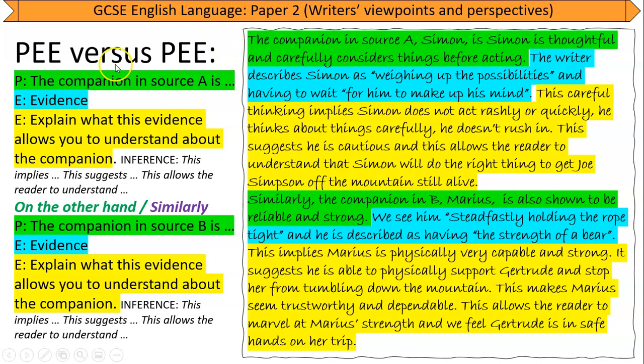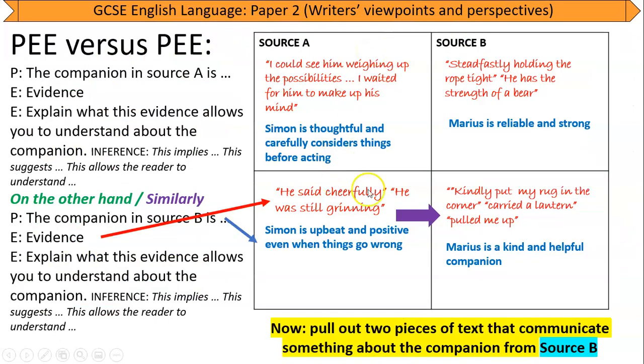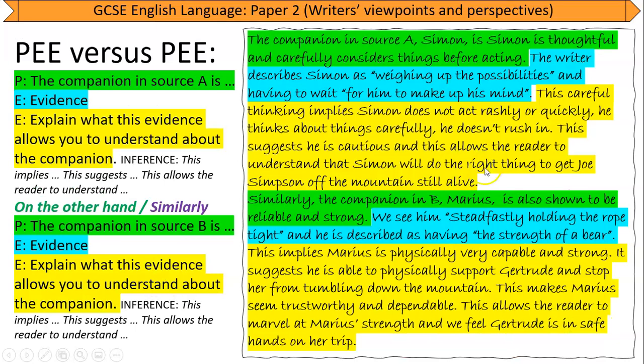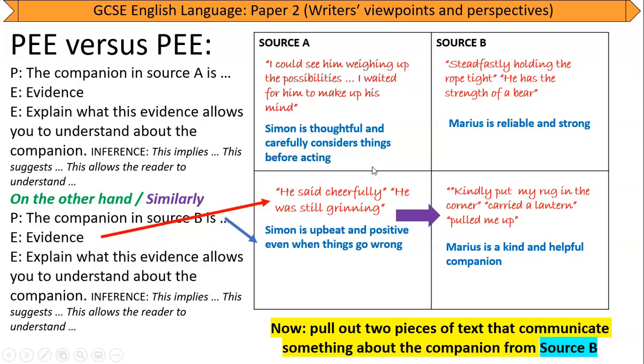Now, with this modelled answer in mind, you are now going to have a go at comparing this point about Simon being upbeat with Marius being kind and helpful. You too are going to use a PEE compared with a PEE. You are also going to make sure that your inference is detailed.